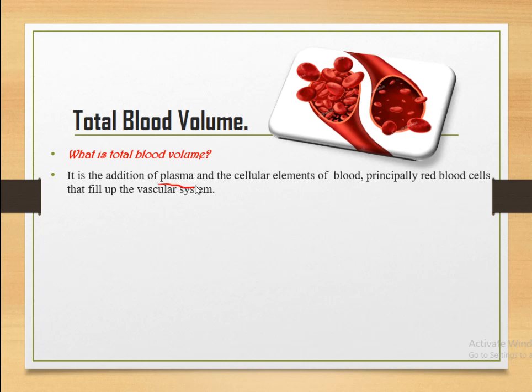So we have the plasma, which forms part of the extracellular fluid, and also the cellular element of blood. Our major focus most of the time is the red blood cells, but blood has other cells such as the white blood cells.